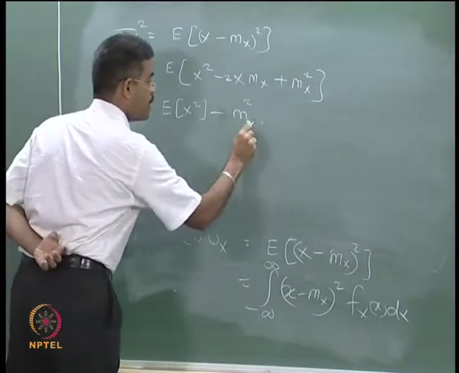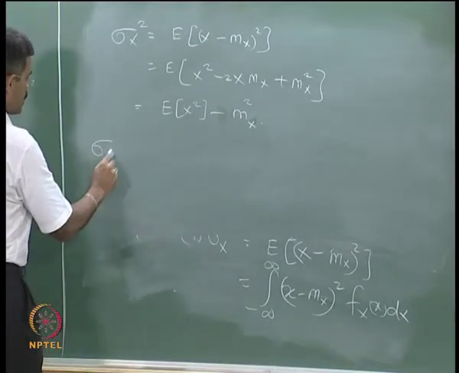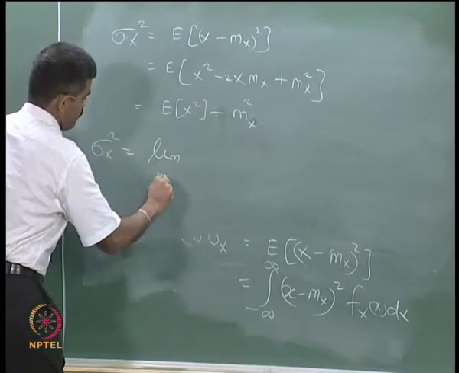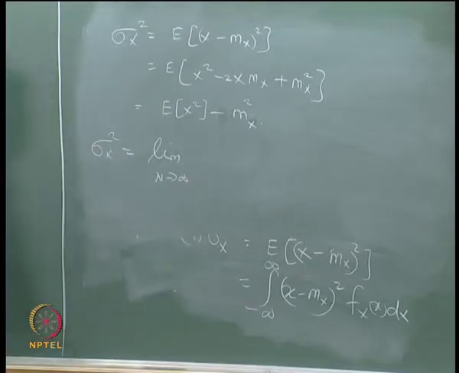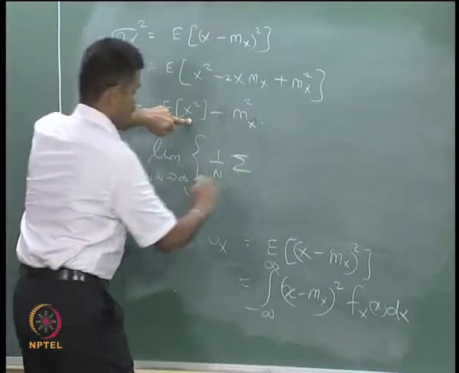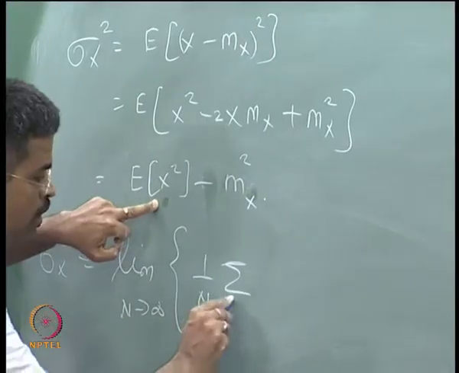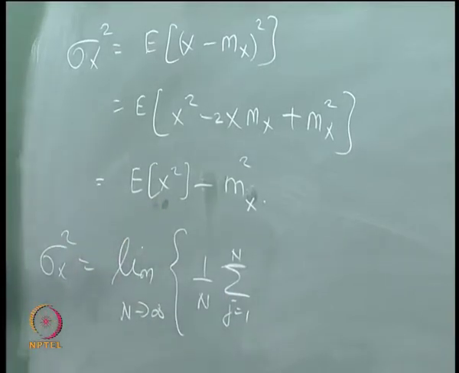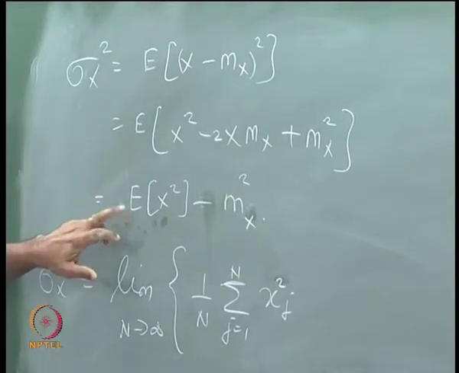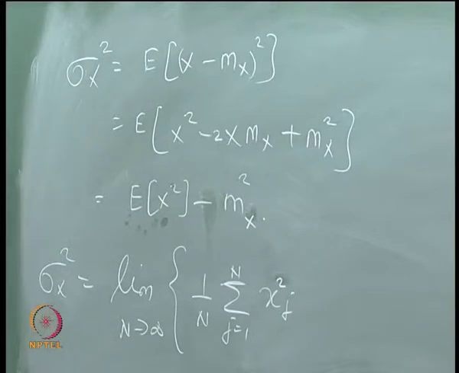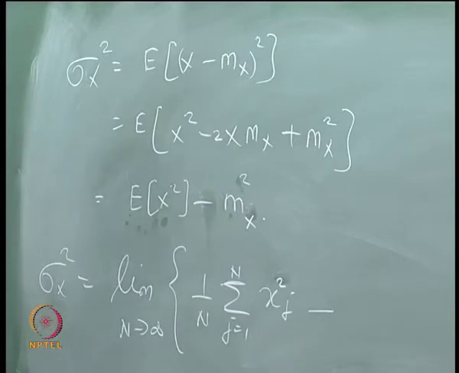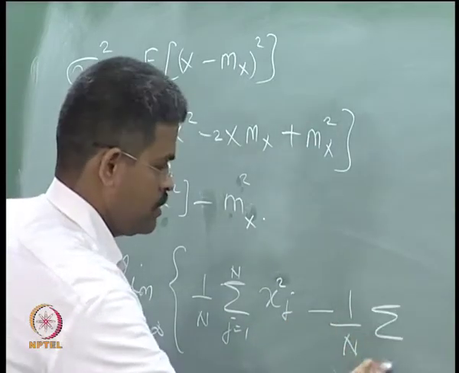mx square. Therefore I can write sigma x square as limit n tends to infinity e of x square, which can be 1 by n of summation j equals 1 to n of x square j, because this is the expected value of the square of the value, minus mean of the whole square, which is 1 by n of summation j equals 1 to n.